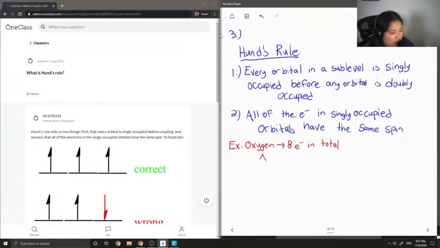Okay, so let's draw out our diagram showing all the different orbitals: 1s, 2s, and then 2p.